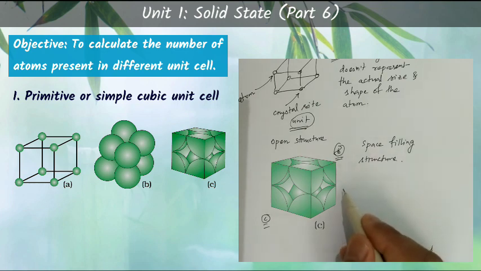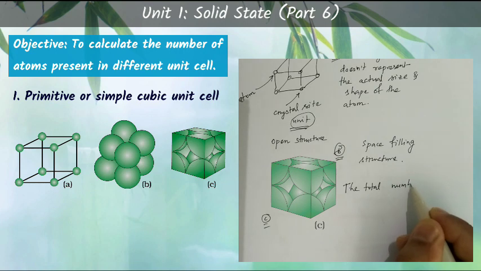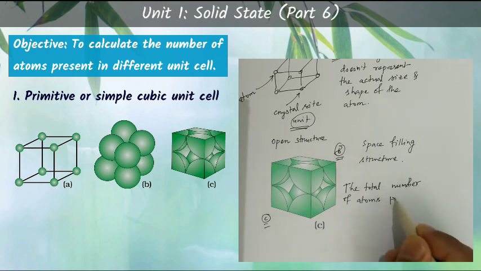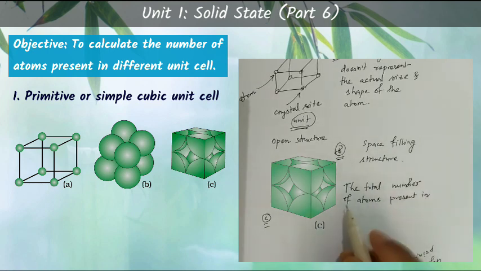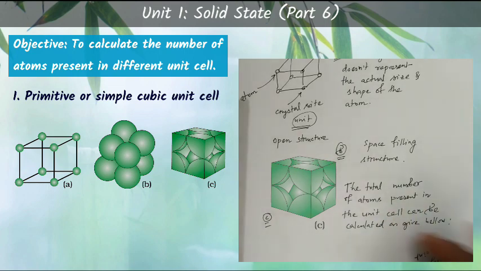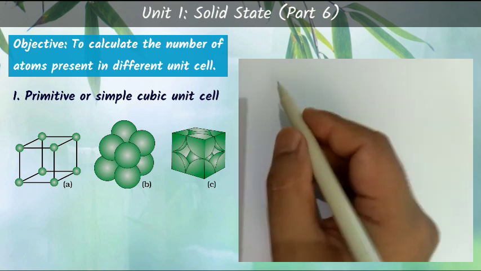The total number of atoms present in the unit cell can be calculated as given below. Okay, so now let us calculate this one.